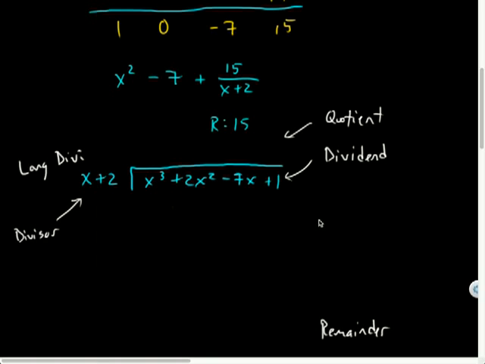Does anyone remember? Little 4-letter acronym. No, that would be if I'm multiplying two binomials. Let's see, so D for divide, M for multiply, subtract, bring down, and then repeat.